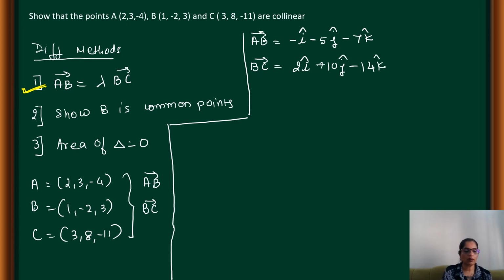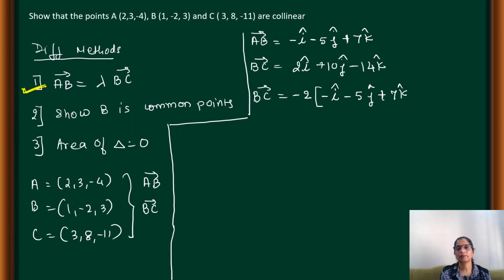Brilliant. So can we write down that BC vector is equal to minus 2 inside the bracket, minus i cap minus 5 j cap plus 7 k cap.